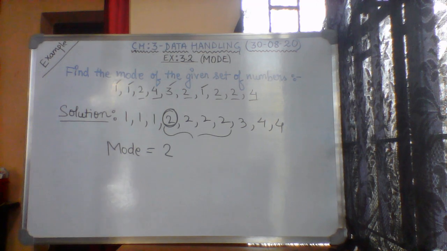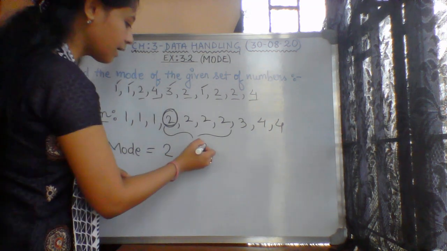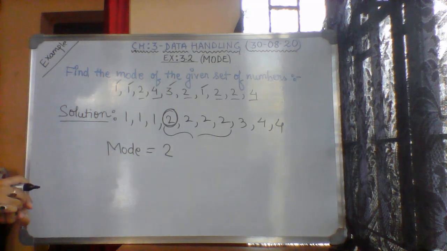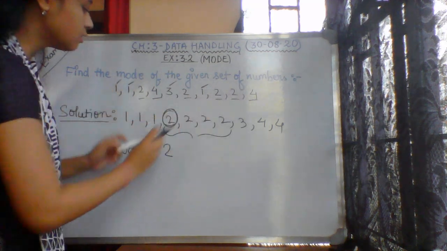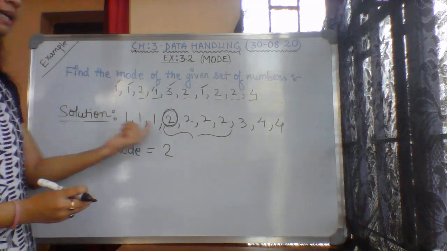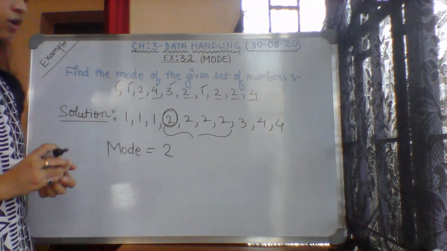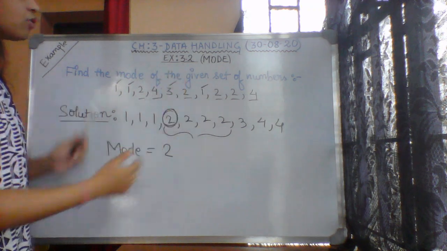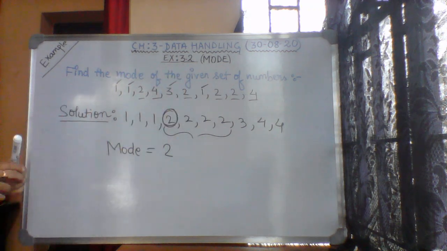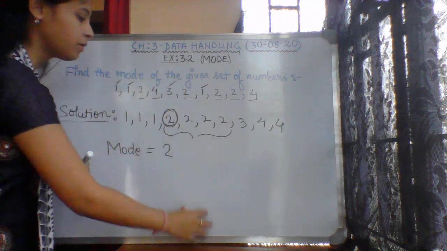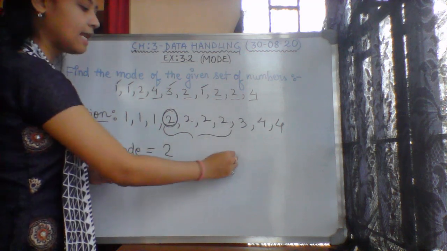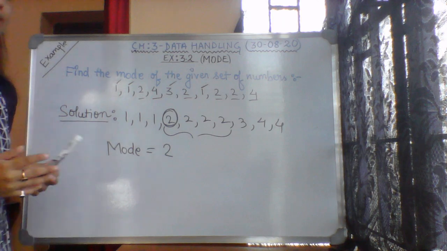Okay, in another way also you can make the table, do the tally marks, write the frequency and do it. Since it is a short data set, we can easily arrange them in ascending and descending order. So I am doing it like this. When there is a large amount of data, 20 numbers, 30 numbers, it will be better if you make a column of observations and do the tally marks, because you know how to represent data.